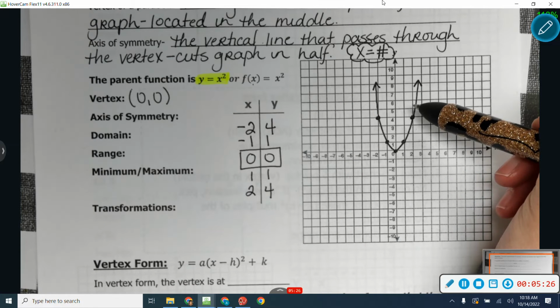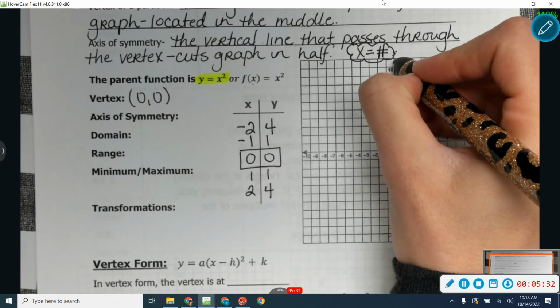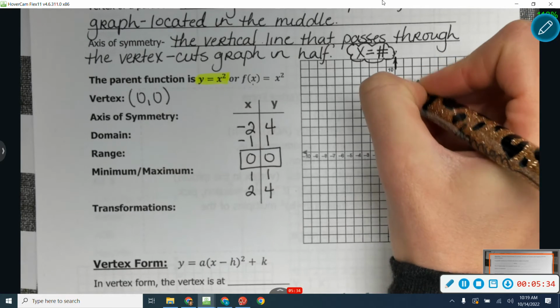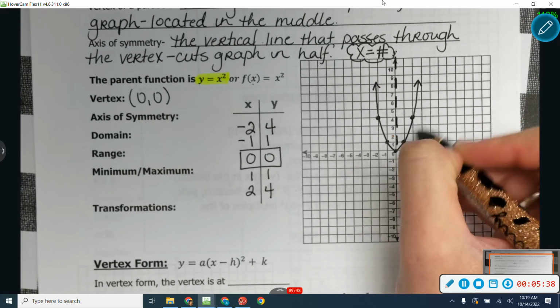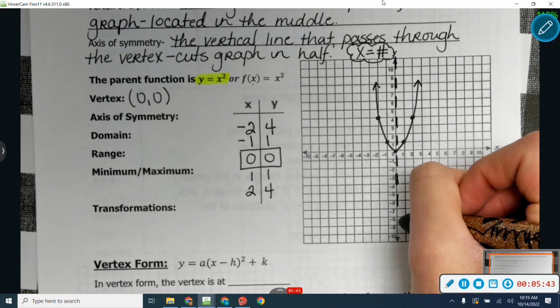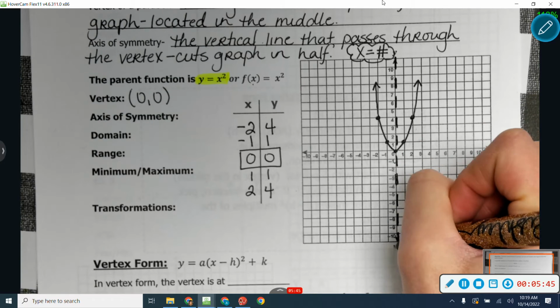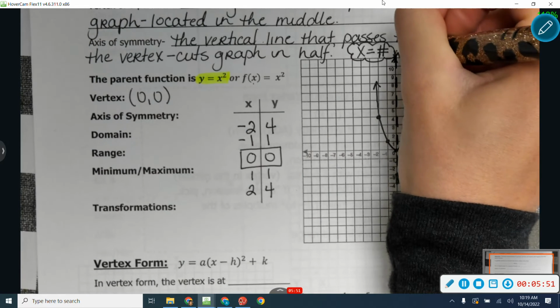Okay, once you do that, we're going to talk about our axis of symmetry. I said that's the vertical line that passes through the vertex. So if I were to draw a vertical line passing through the vertex, your axis of symmetry, we actually draw a dashed line. It's like a line of symmetry. If you remember, in elementary school, when you would do symmetric parts, y'all would cut shapes out and fold them, see if they're symmetric. It's like your line of symmetry.